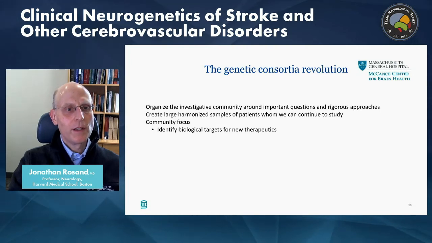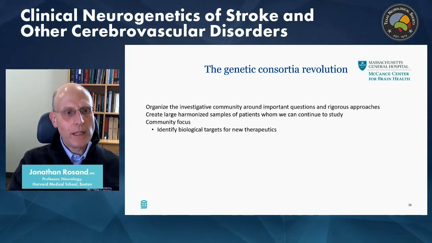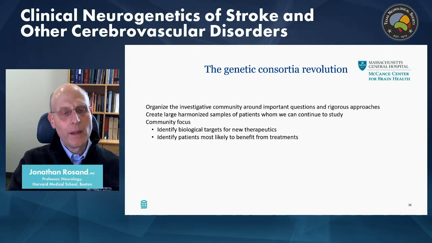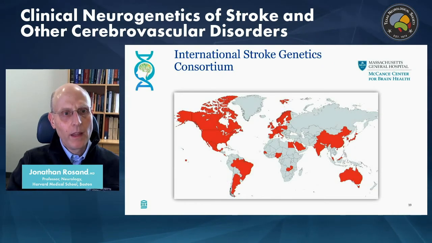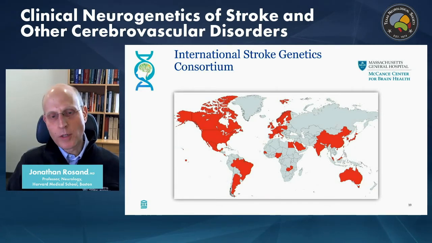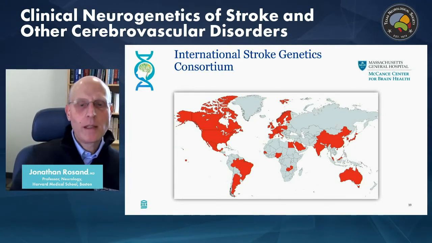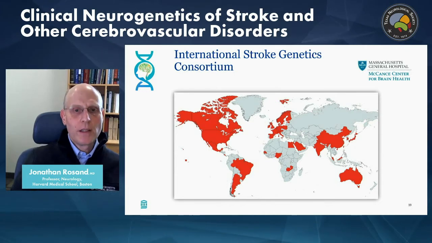And of course, the result has been we now have biological targets for new therapeutics. We are now all focusing on trying to figure out which patients are most likely to benefit from treatments. And these consortia, I'll talk briefly about the stroke genetics consortia, have meant that there's really a lot of agreement over the priorities of the field.